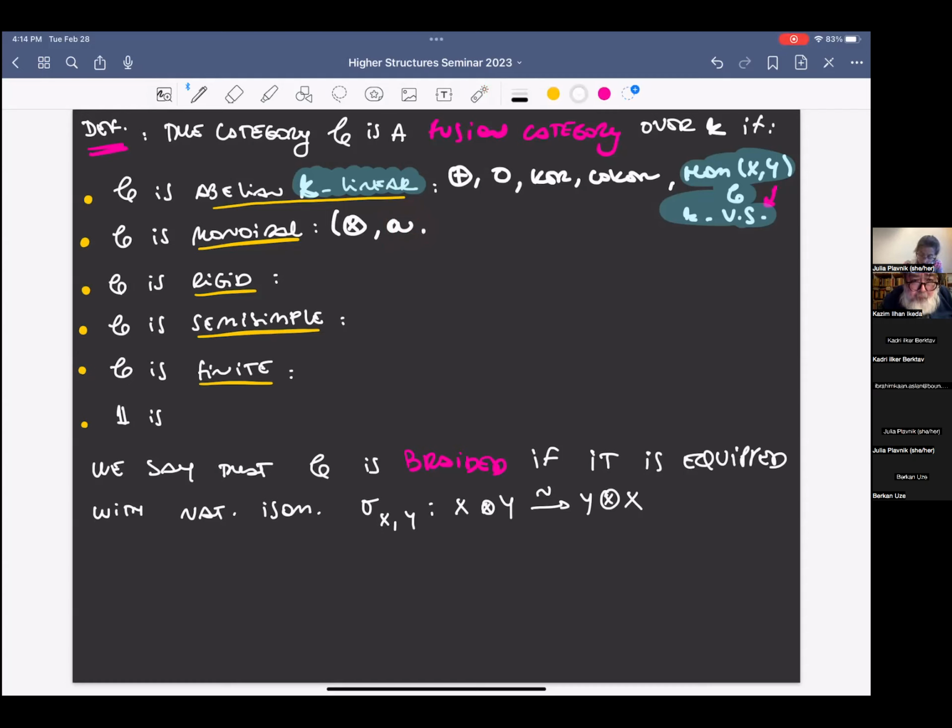Then the other thing that I will ask is for a distinguished object in my category, which will play the role of a unit for this tensor product. So I want this tensor product to be unital. And to say that it's unital, I need to have two other maps, left and right unitors, basically saying that X tensor 1 is isomorphic to X and 1 tensor X is also isomorphic to X.